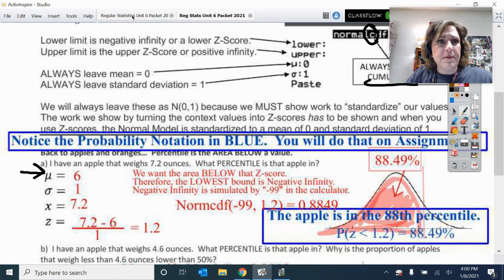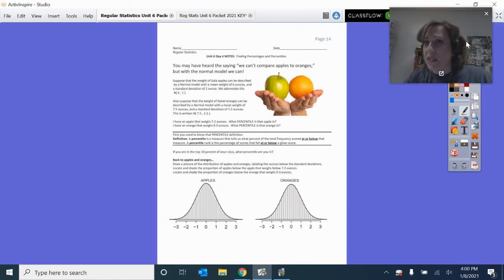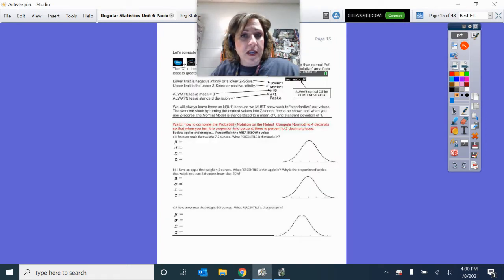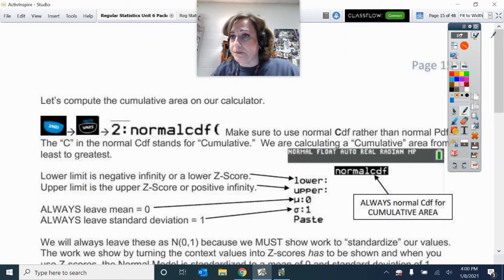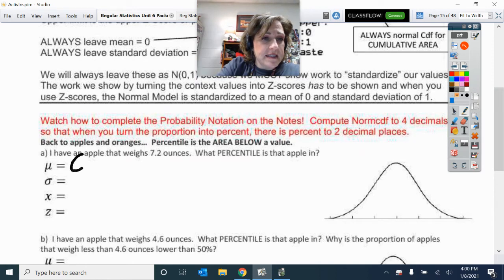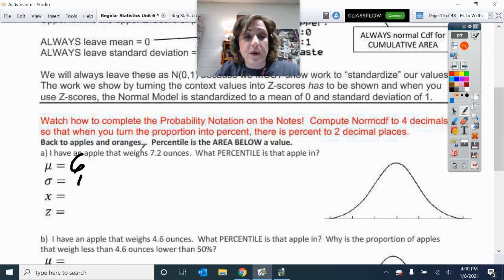In fact, let me come on over here and write this out with you. We've got a mean of 6, a standard deviation of 1, because this was on the apples. And then the question was, I have an apple that weighs 7.2 ounces. What percentile is the apple in?